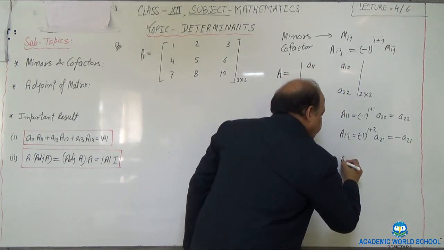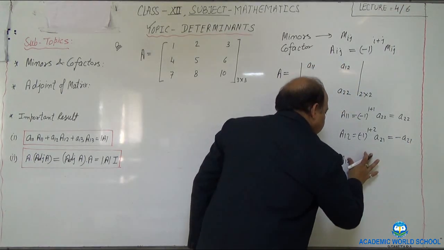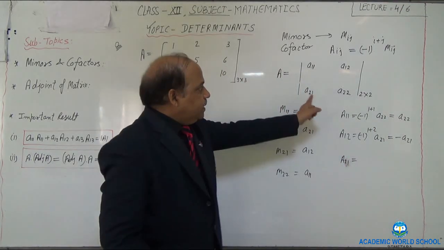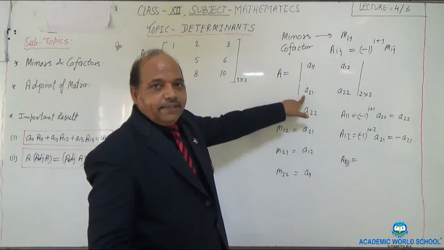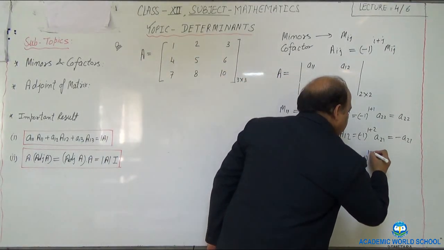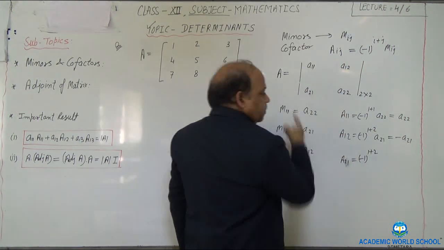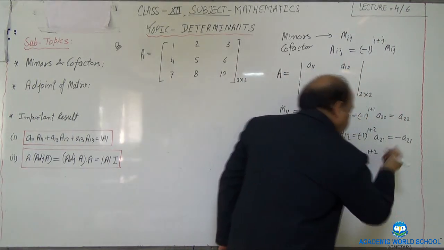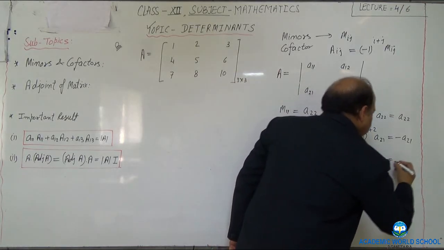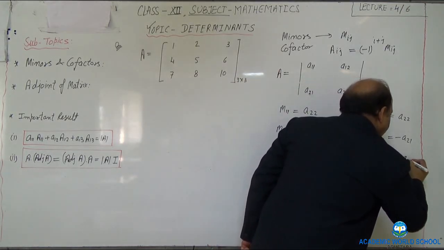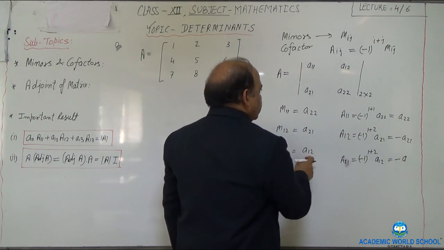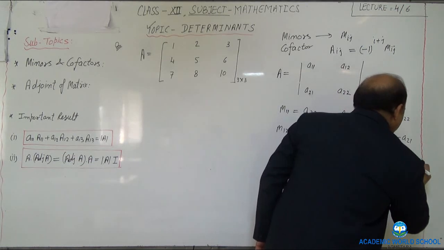And then come to A21, sorry. Take this element A21. Cofactor of this will be minus 1 to the power 2 plus 1 into minor of this, which is A12. Again this becomes minus A12.